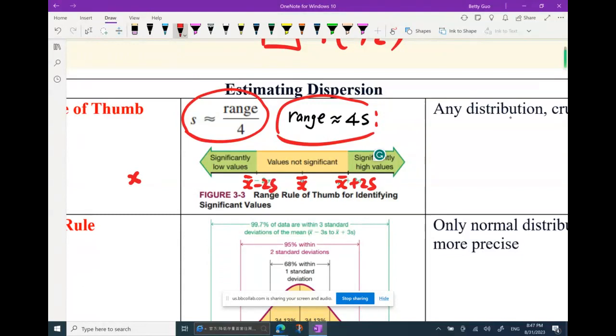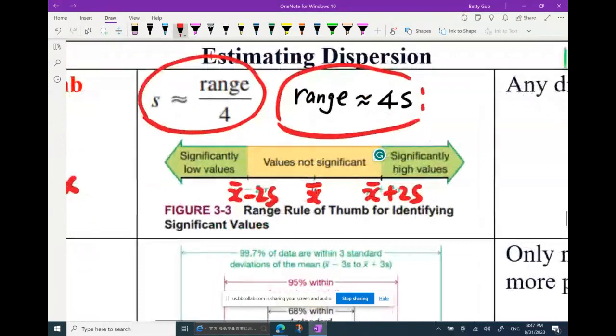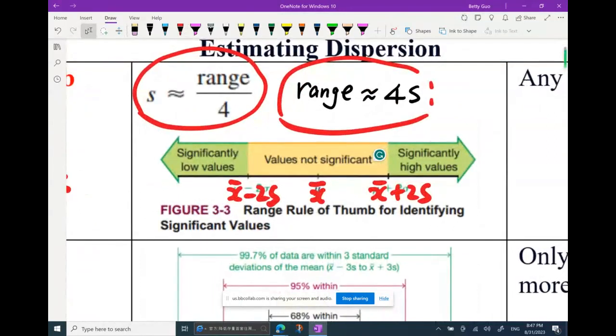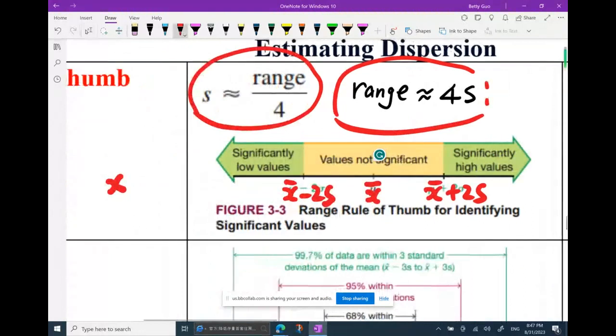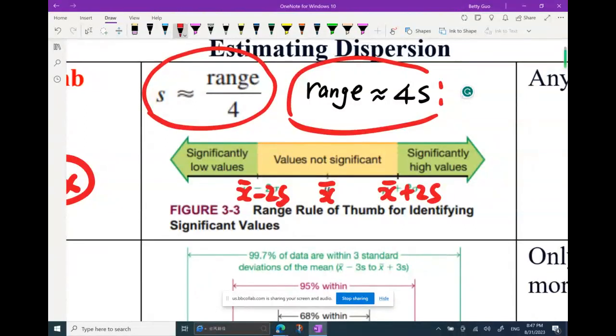So the orange region in the middle, those values are within 2 standard deviations of the center. If your specific value falls in the orange range, then your value is not significant. But if your value is equal to or more than the sample mean plus 2s, then your value is significantly high.